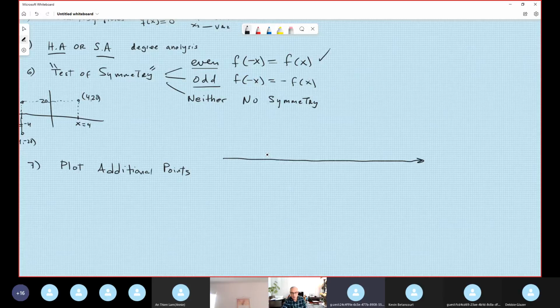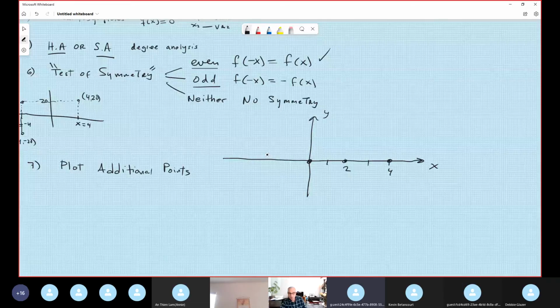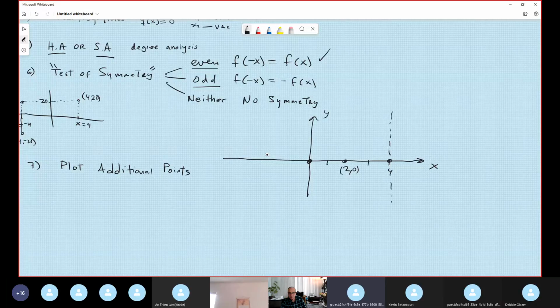Okay, this is the x-axis, y-axis. You determine this is (0,0), the origin. You determine 2 and 4, we have in 2 one x-intercept. So my curve passes through (2,0), and here we have a vertical asymptote.